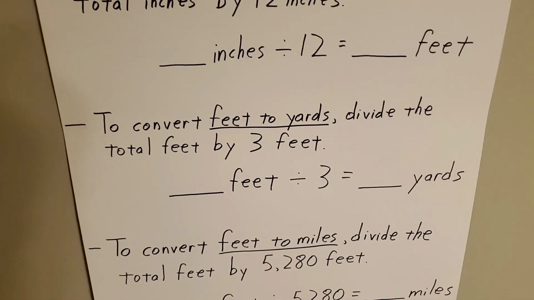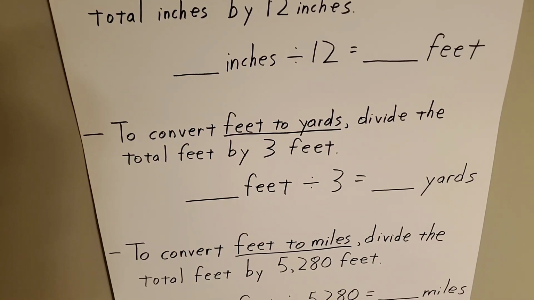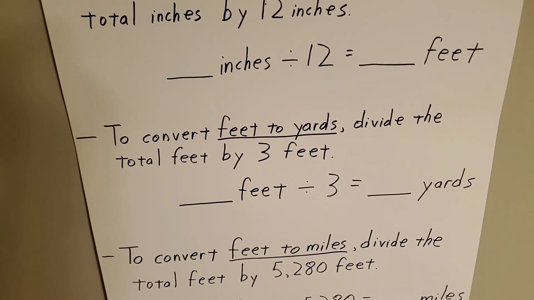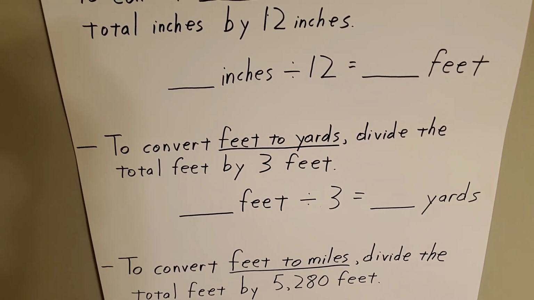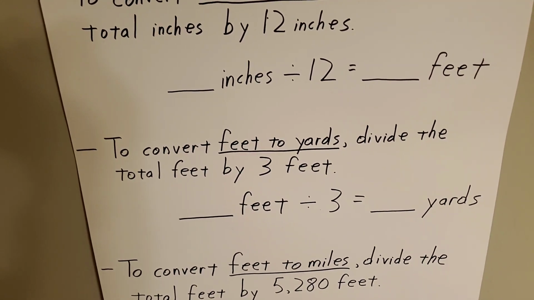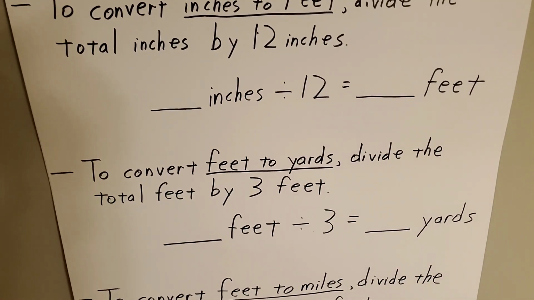To convert feet to yards, divide the total feet by 3. Why is it divided by 3? Think about it. How many feet does it take to make a whole yard? If you say it takes 3 feet to make a whole yard, you are correct. So that's why we're going to divide by 3.